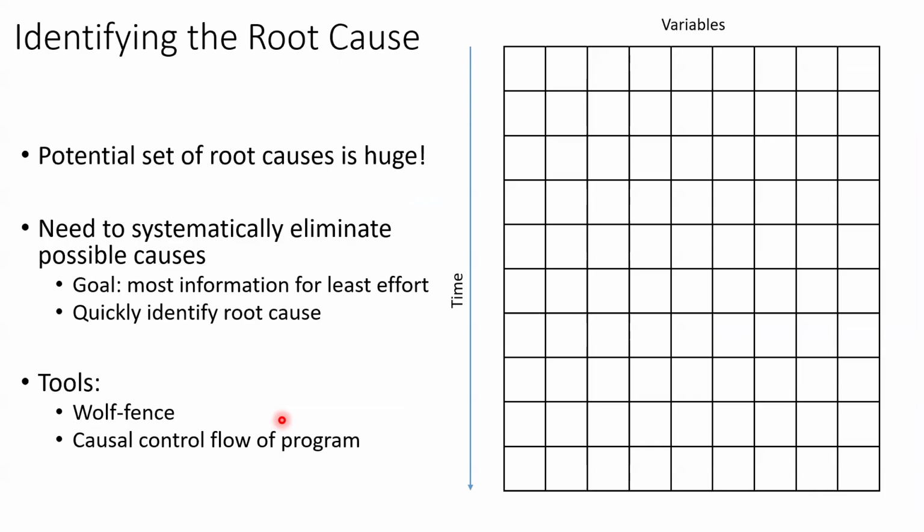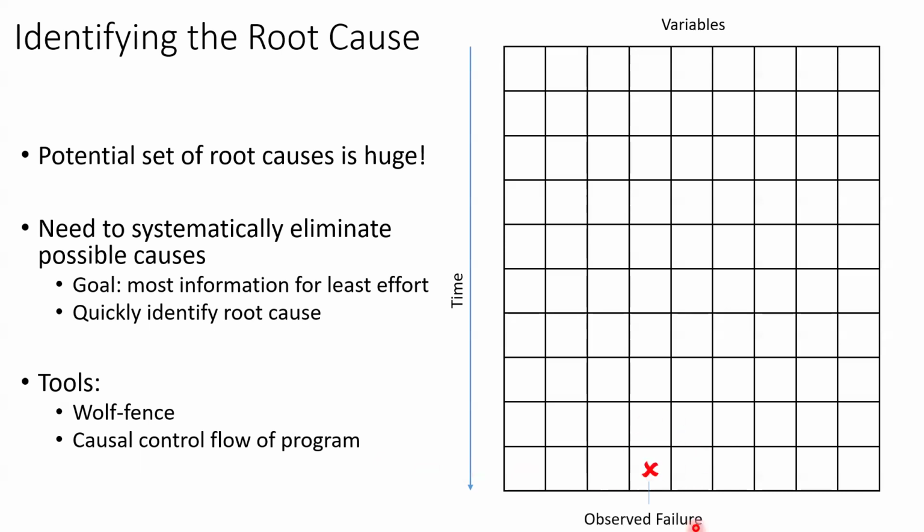The potential set of root causes is huge. You will have a huge set of variables that may or may not exist in some of the states where your program is executing. So you have to systematically eliminate possible causes.